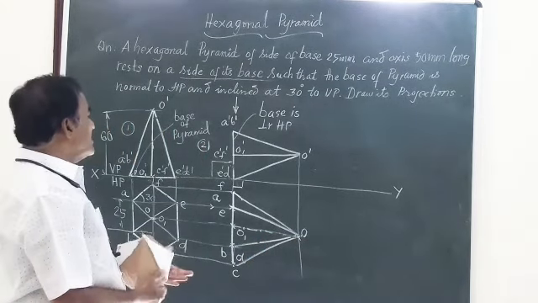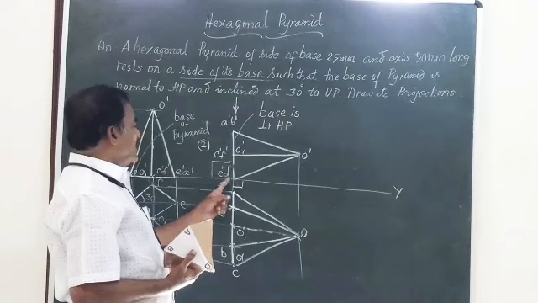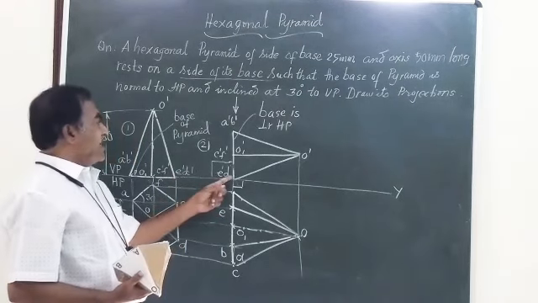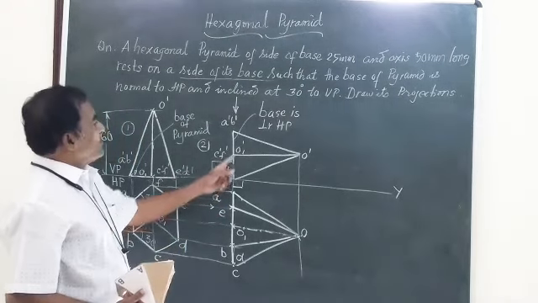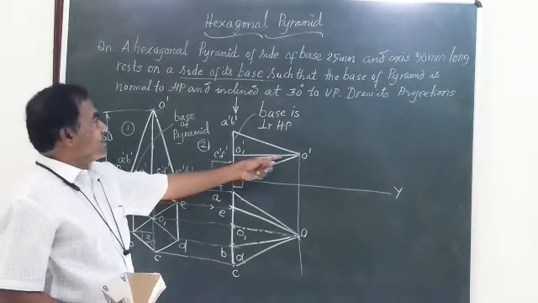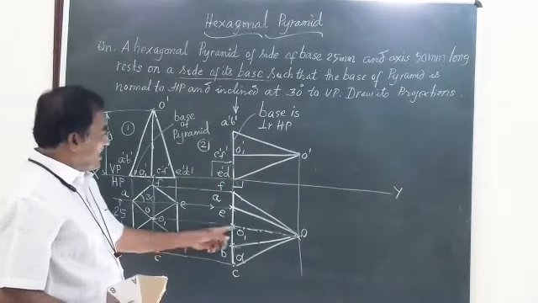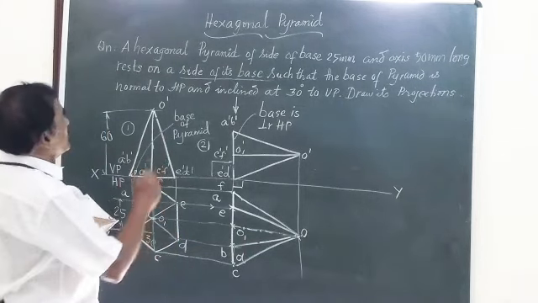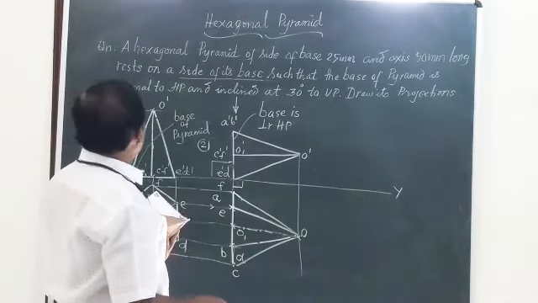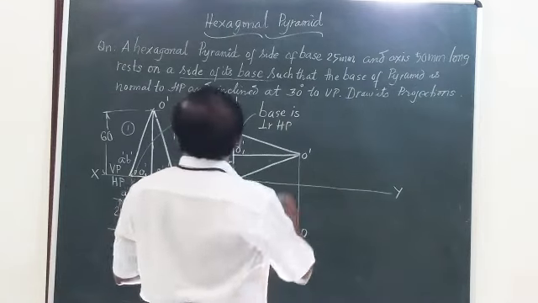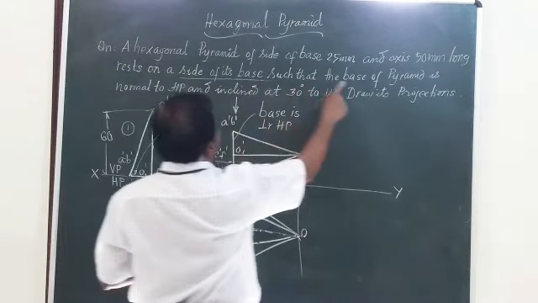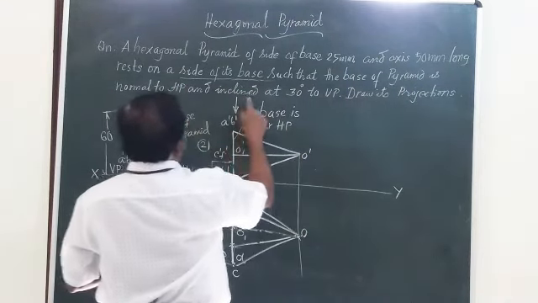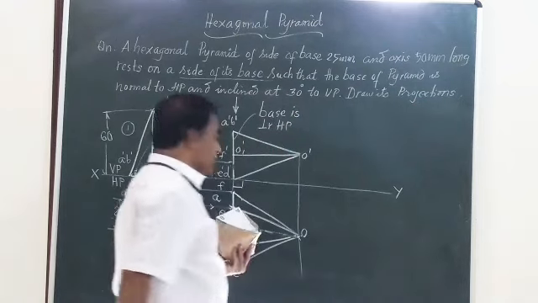Now, this is the top view of the solid when it is resting on the base ED and HP. The axis of the solid is parallel to HP. The axis of the solid is also parallel to VP. He says, draw the projections of the pyramid when the base of the pyramid is inclined at 30 degrees to VP.